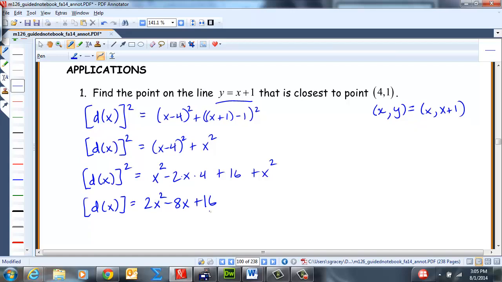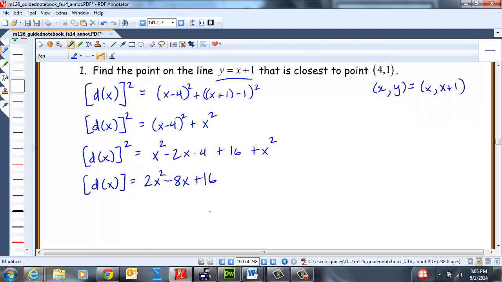So remember that this is going to open up, so the minimum point is going to be the vertex. Here all we need is the input value of the vertex, the x coordinate, and once we get that result, we will have found the minimum distance, and we will then plug it into y equals x plus 1 to find the point on the line that's closest to (4, 1).